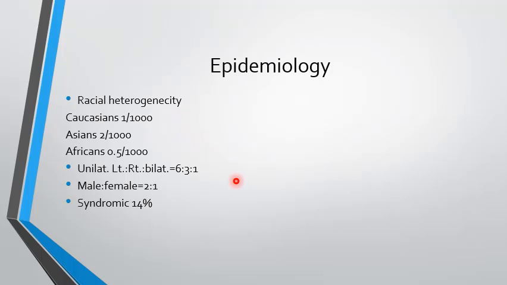We also found that the unilateral left side is the most common for cleft lip. After this is the right, and after this is the bilateral, in a ratio of 6 to 3 to 1. There is also a male predominance of about 2 to 1 and a syndromic association in 14% of cases.